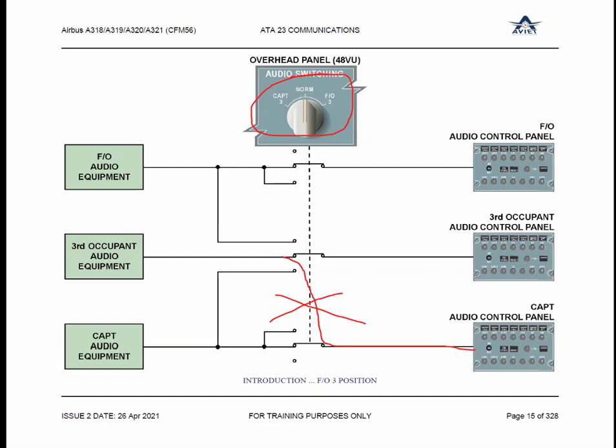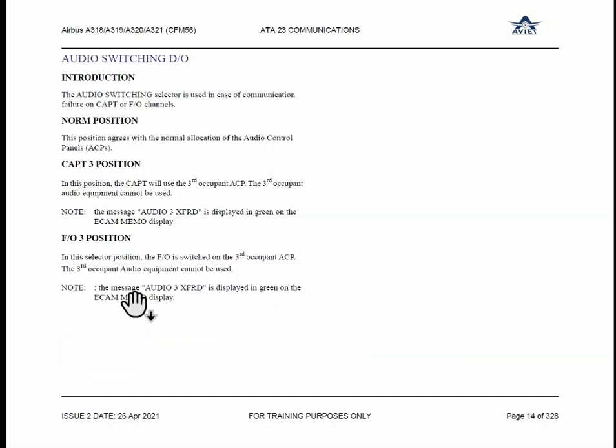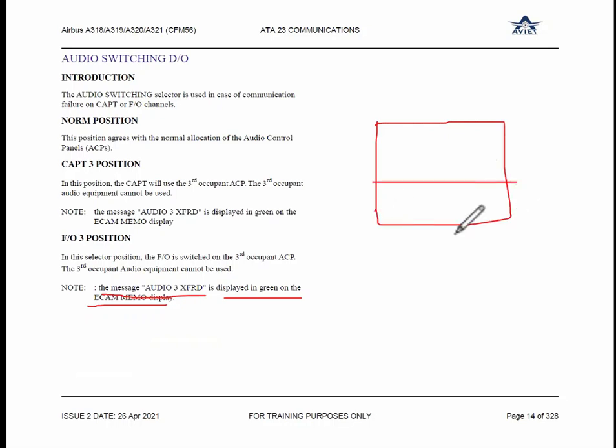And once you do the switching, either side, you will get an ECAM message, audio switching. Can you read here? The message audio 3 transferred is displayed in green on the ECAM memo.